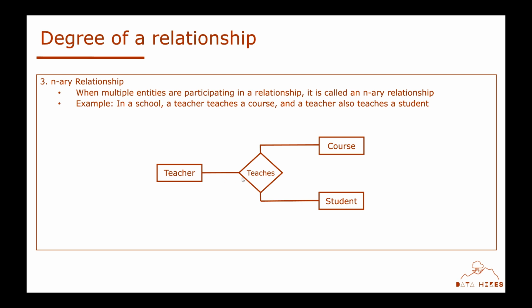And both these lines of a relationship make sense. Teacher teaches course and teacher teaches student. Hence, because there are more than two, in this case three, entities associated with a relationship, this is called an n-ary, or in this case a three-ary relationship.